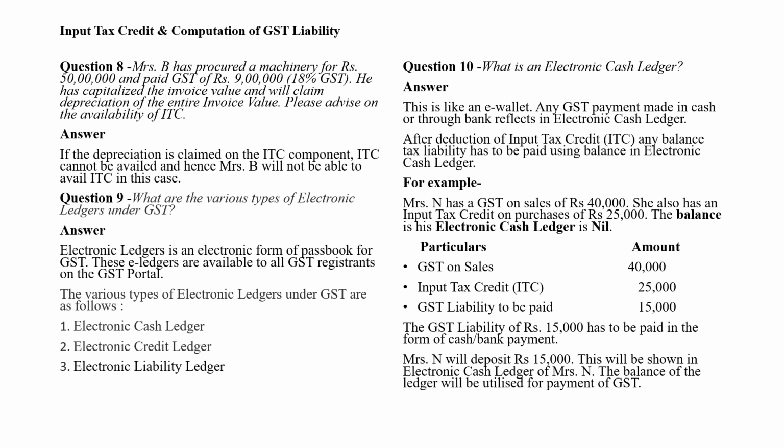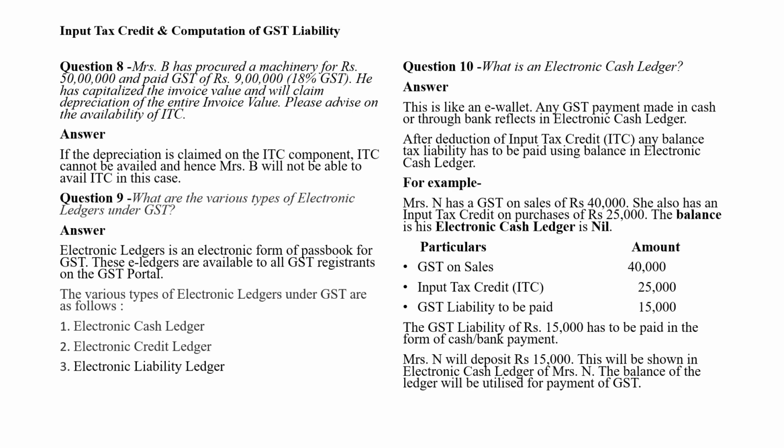Very important. This is like an e-wallet, and any GST payment made in cash or through bank is reflected in the electronic cash ledger. After deduction of input tax credit, that is ITC, any balance tax liability has to be paid using the balance in the electronic cash ledger.